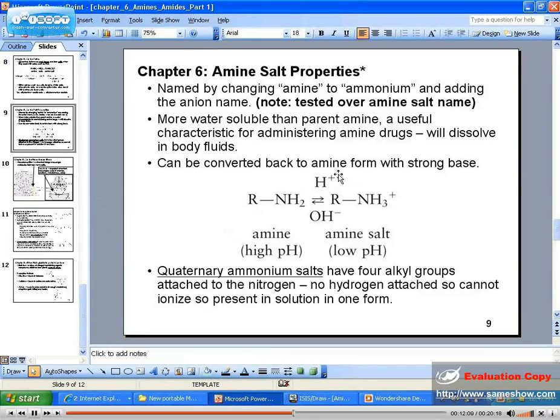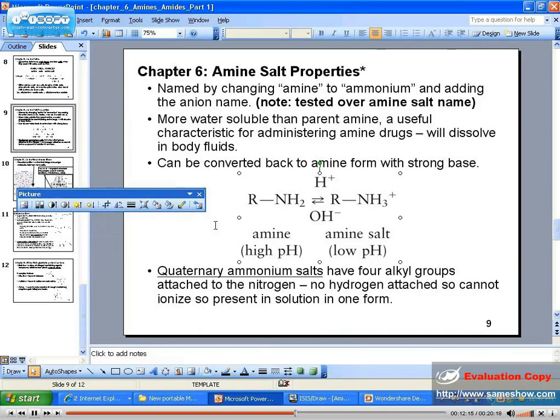In general, amine salt properties: if you were to add in an acid, it likes to protonate the nitrogen, or protonate the amine, forming the ammonium ion. And it will be stabilized in the amine salt form with the extra Cl. If, however, you were to add a base, it would cause it to be neutral.